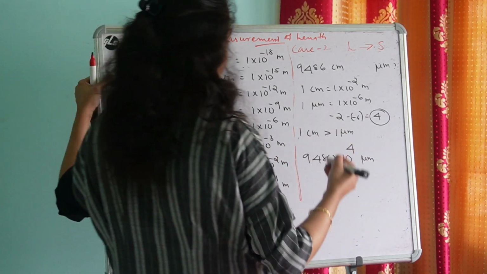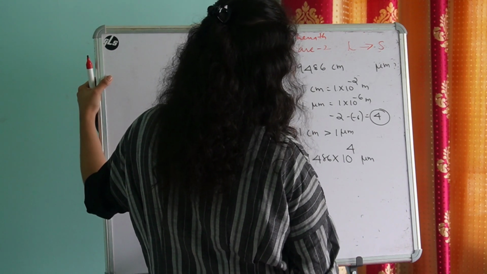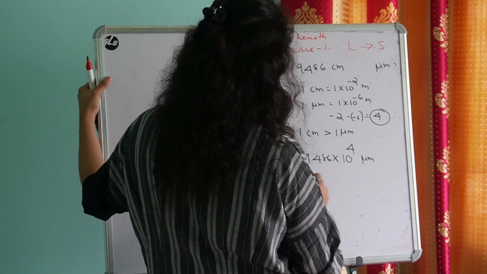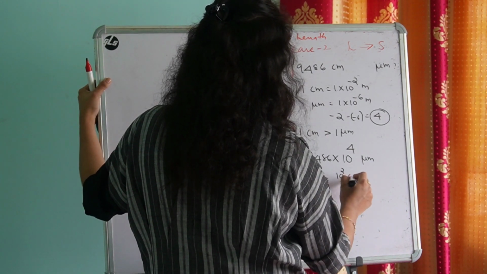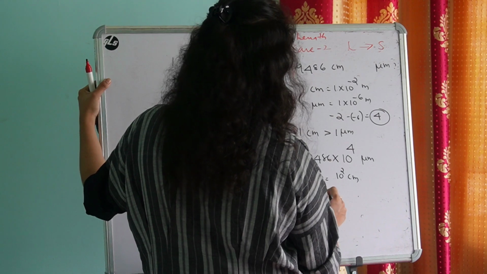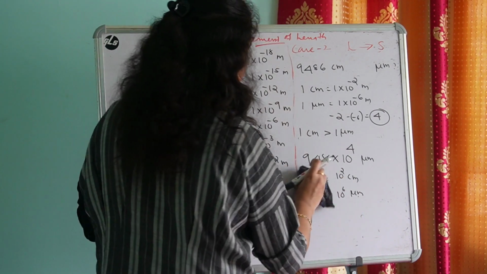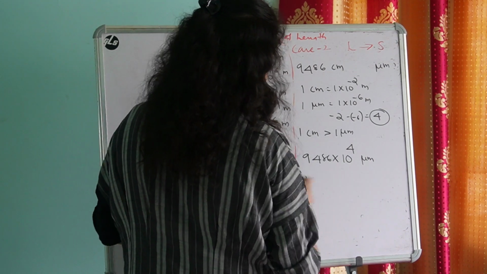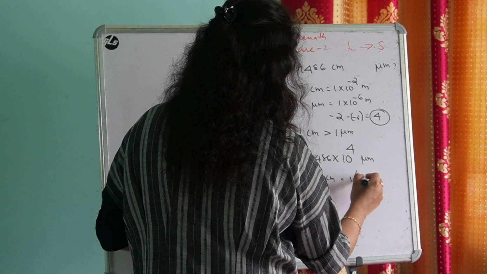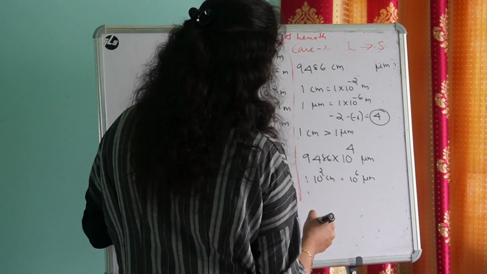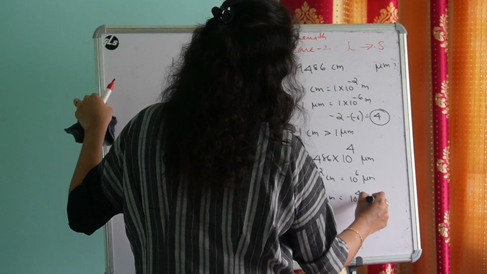Let's check whether we are getting the same answer when we follow the actual procedure. I know 1 meter is equal to 10 square centimeter. Again 1 meter is equal to 10 power 6 mu meter. Equating these two equations, 10 square centimeter is equal to 10 power 6 mu meter. Here I have to find mu meter, so 1 centimeter is equal to 10 power 4 mu meter.